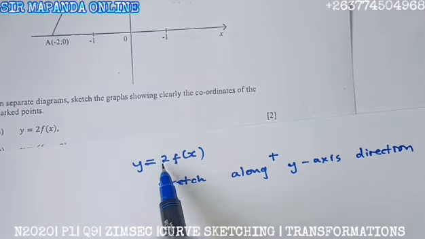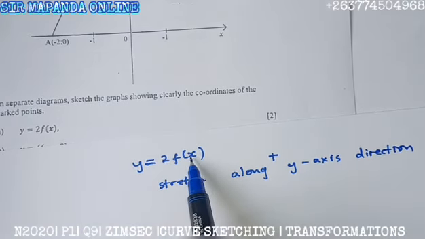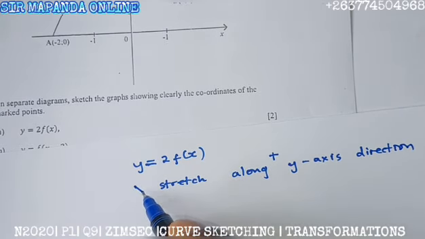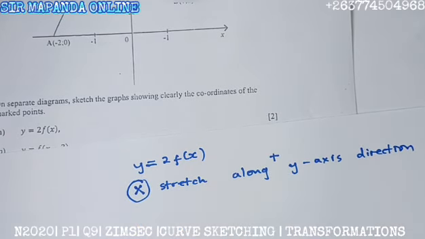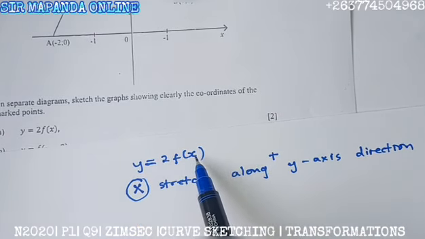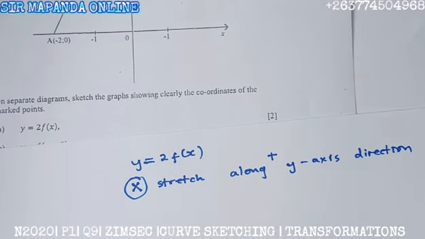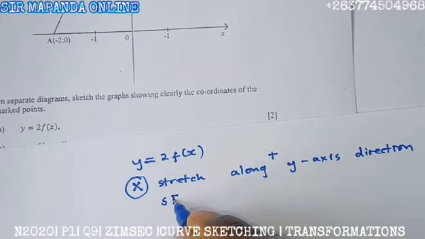All right, so if you have a number which multiplies f of x, we have a stretch. So stretch is usually denoted by this multiplication. We have 2, which is multiplying f of x. So it's a stretch along y-axis direction. And the stretch factor is 2 itself. I hope you are following.